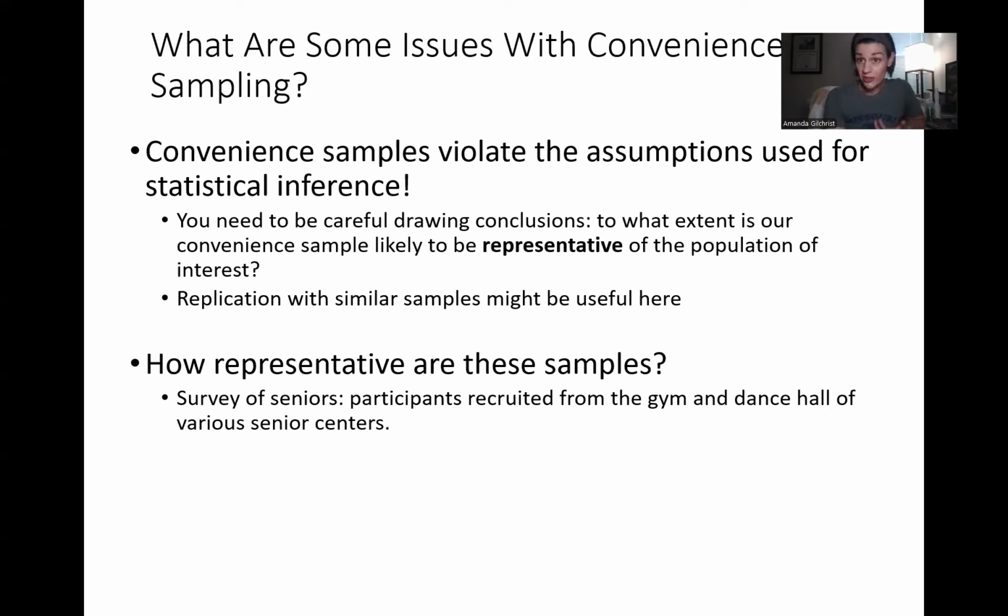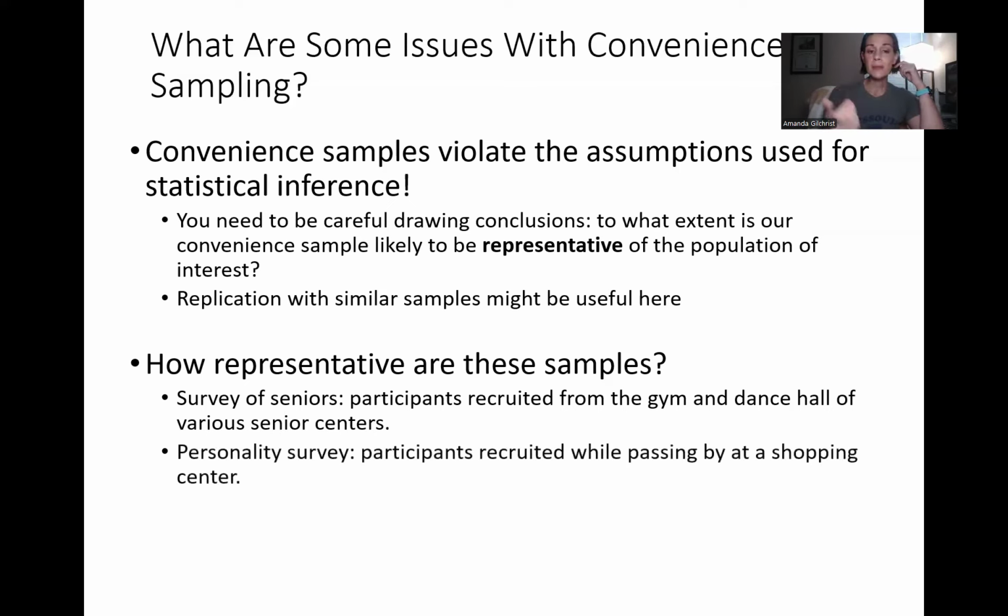Are a lot of the older adults you know going to the gym or going to a community center? Maybe. But I know as many older adults who are content to stay at home or travel. And so it's possible that if we're doing a survey of older adults, if we're only looking at places for really active older adults, it might be very hard for us to get a sample that's representative of all older adults.